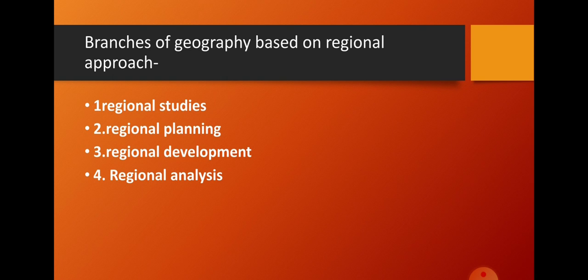Suppose equatorial rainforest: we first read, identify and discuss it, and then go for the bigger prospects. According to the regional approach, our subject is divided again into four branches: regional studies, regional planning, regional development, and regional analysis. All these are based on the region only.